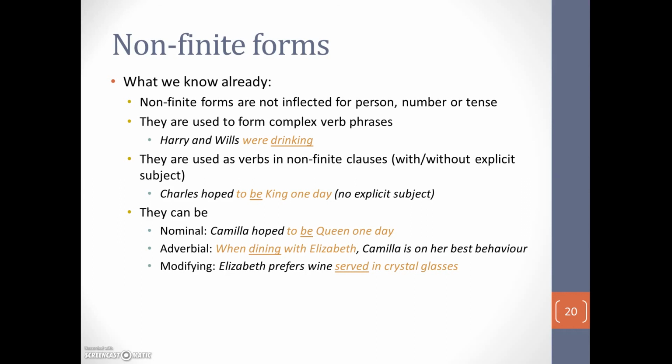So "Elizabeth prefers wine served in crystal glasses." So "served in crystal glasses" modifies "wine." Okay, so what can we tell the listener about the wine? You can just say she prefers wine, but then there's a particular type, or we modify this even more to make it more specific.